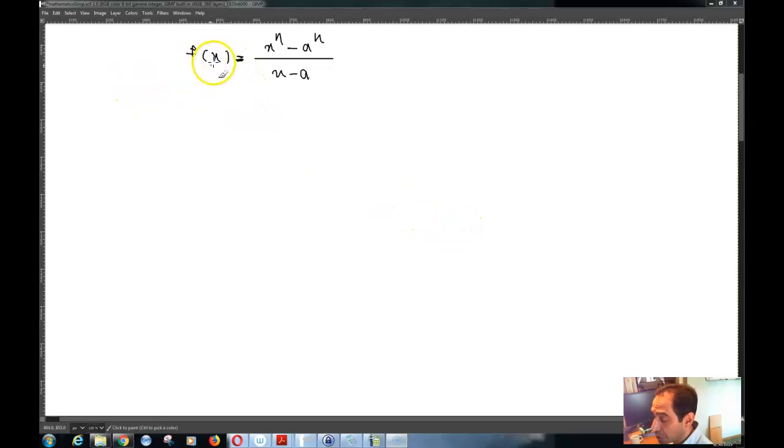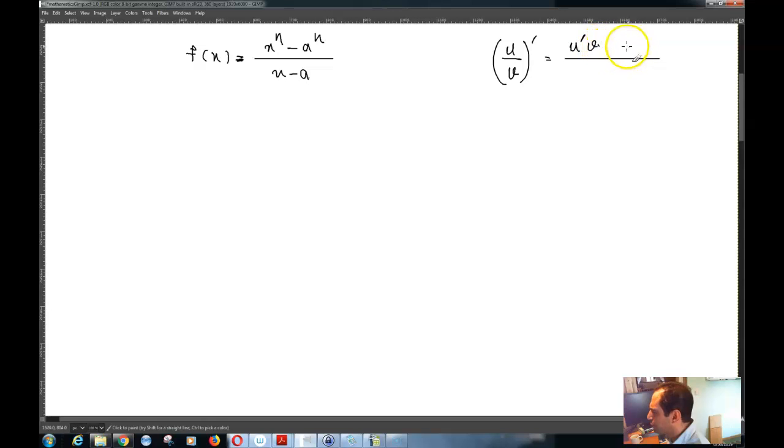So we said that you can find the derivative of this function if you have, for example, something like u divided by v whole prime is equal to u prime times v minus u v prime over v squared.